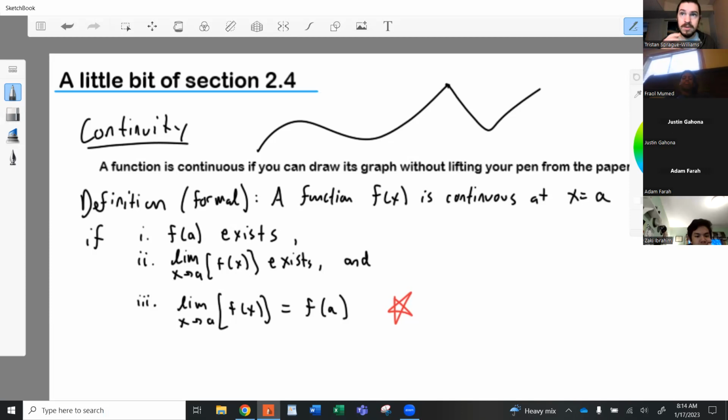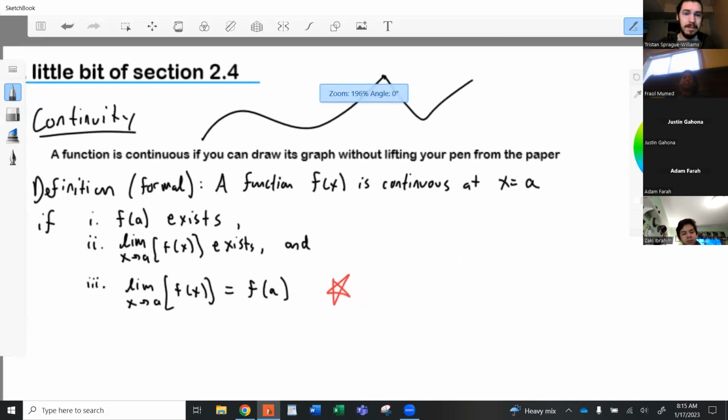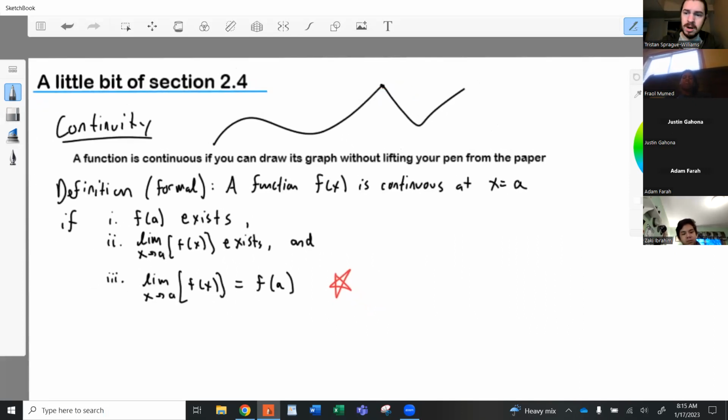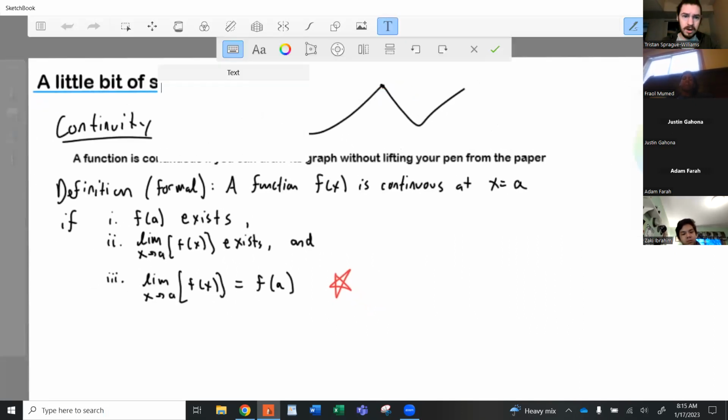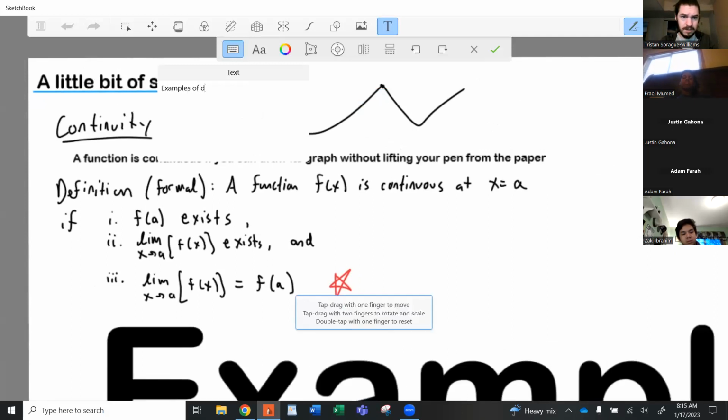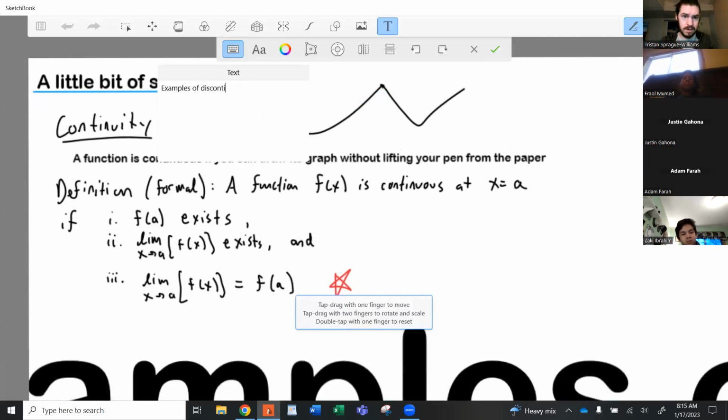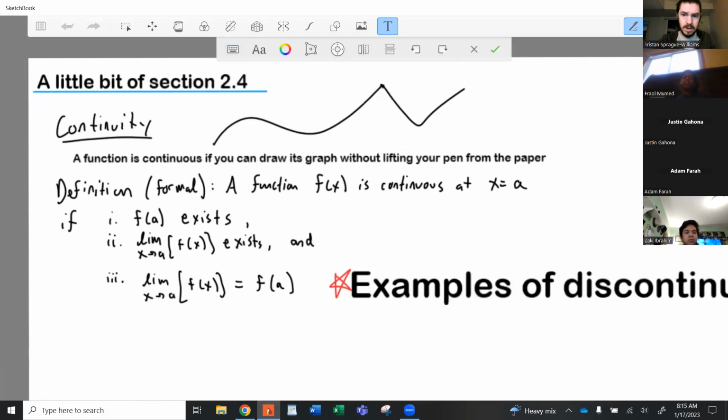I just wanted to introduce this definition. We're going to go through and talk about this in a little more detail. We're going to run with this idea and talk about the different types of what are called discontinuities later. But for now, let's do a quick example of discontinuities.